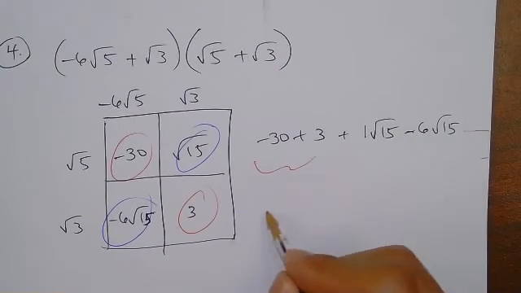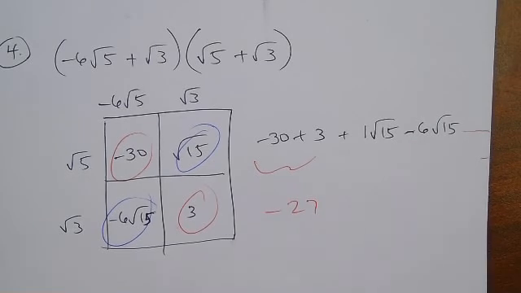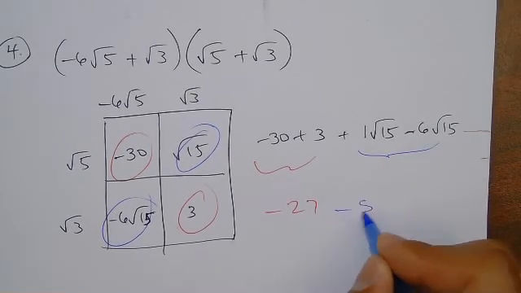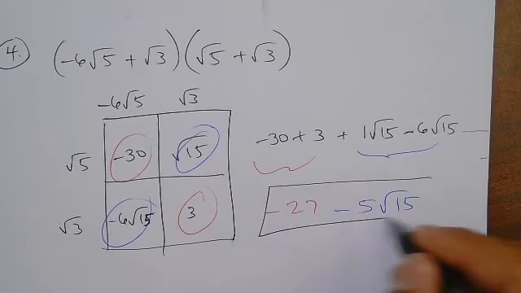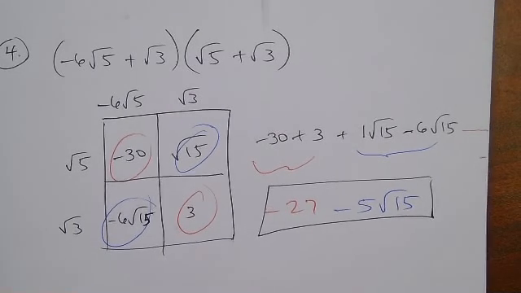Okay, so that's going to be negative 27 for this part. And for this part, a 1 take away 6 is a negative 5 root 15. That's the answer. All right, one little piece will mess you up. So be careful, careful, careful.